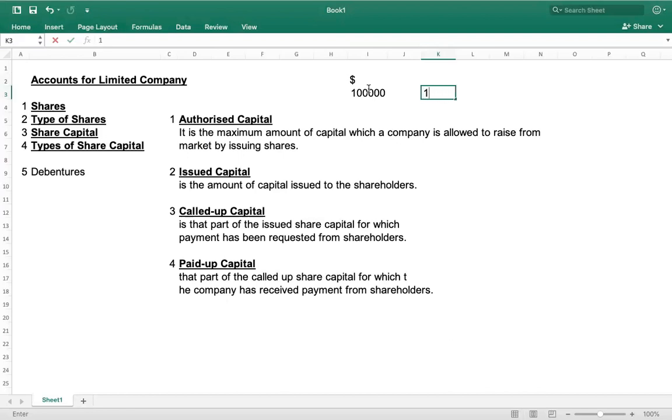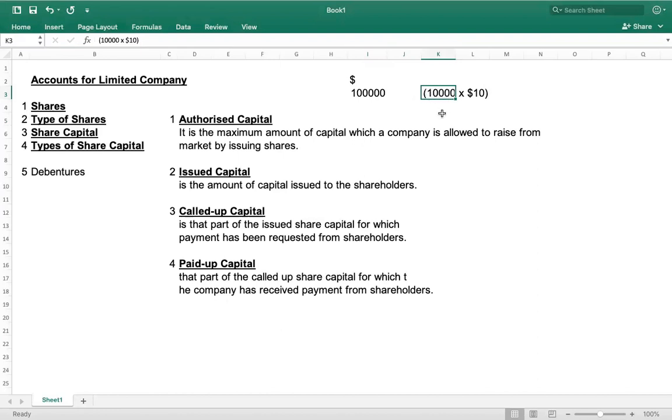I decided that this $100,000 I will raise how? 10,000 shares, each of $10. This is the authorized capital, and this 10,000 is known as what? Authorized shares. Got it?